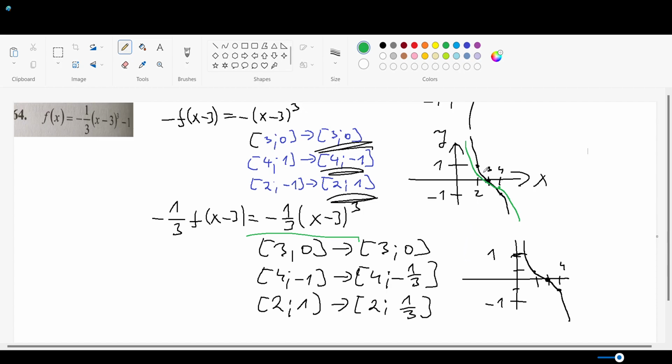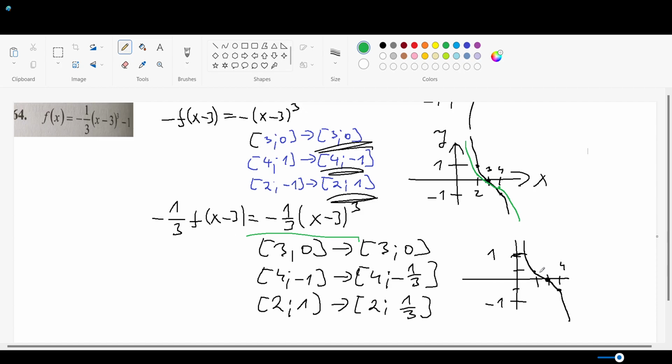You can see here that all the y values are decreased, or divided by 3, so it means the y values are 3 times lower than in the previous function. Okay, so we did the multiplication by 1/3, or if you want, we divided all the y values by number 3.